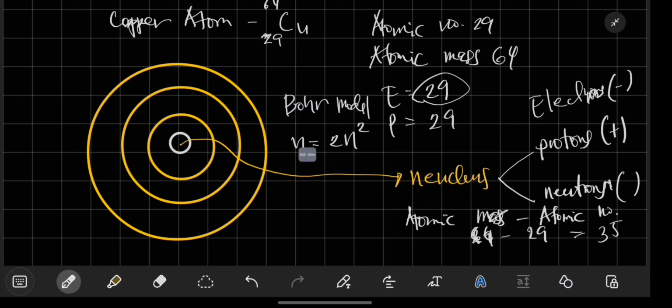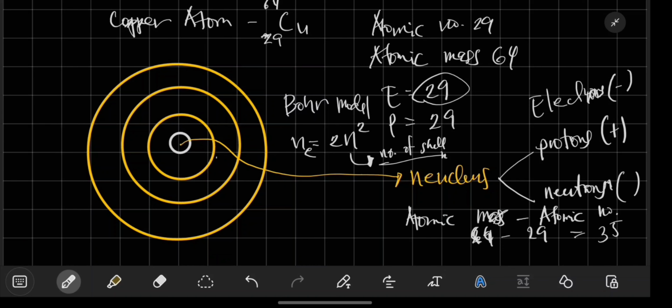Yung maximum number of electrons sa bawat orbit is equal to 2n squared, where n is the shell number. Let's say, for example, this first orbit, that is equal to shell number 1, and for the second orbit, that is equal to shell number 2, where n is equal to 2.